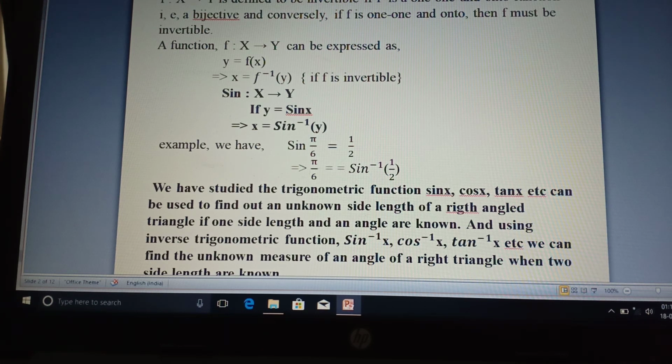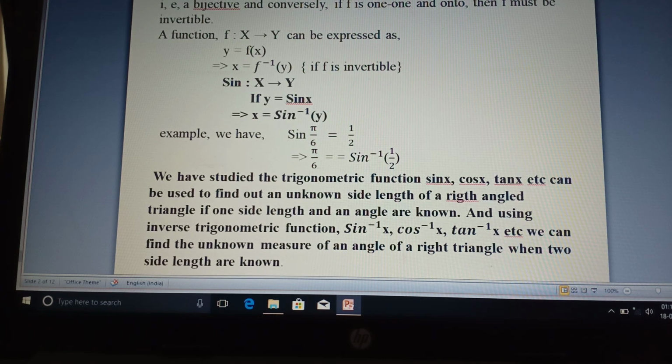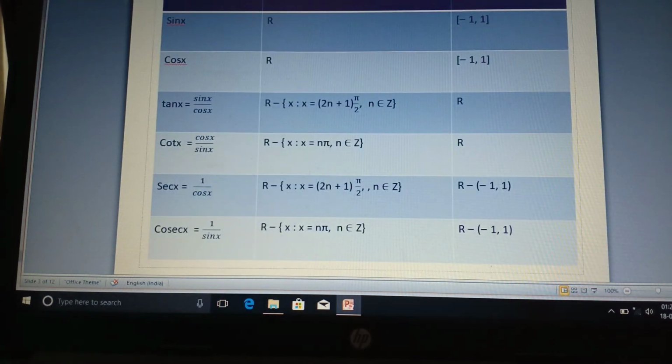Using the inverse trigonometric functions sin inverse, cos inverse, tan inverse, we can find an unknown measure of an angle of a right angle triangle when two sides are known. So basically inverse trigonometric functions are useful for finding an unknown angle of a right angle triangle when two sides of the triangle are known.